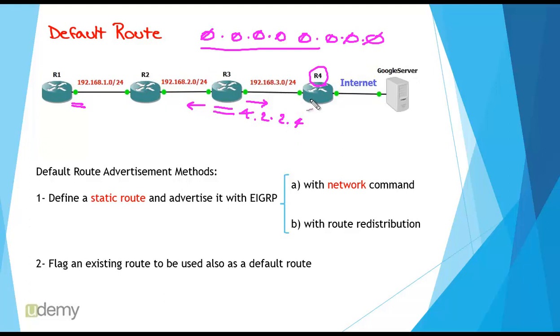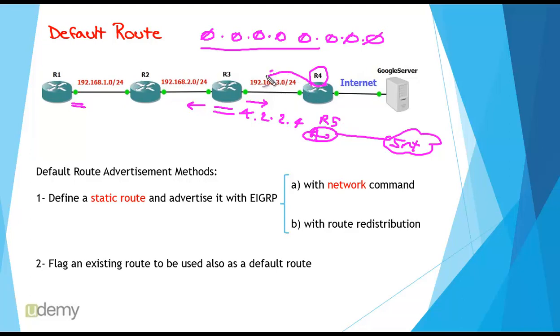One note. In this scenario, we have only one internet router, so it is very simple. But if you have two or more routers connected to the internet, what would you do? You could choose only one of these routers for advertisement, or you could choose both of them and advertise the default route via, for example, router 4 and router 5 together.